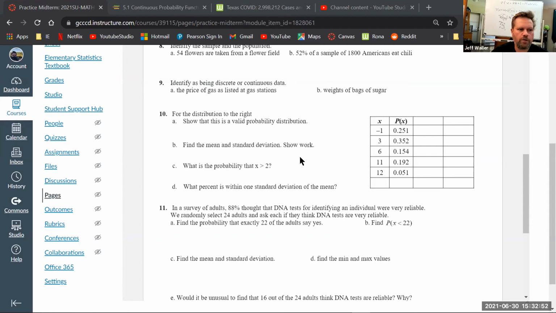No. Give me a data point that's more than 2. 3. Good. What percentage of the data is 3? So you have to add them all up, like the cumulative frequency type. Or you could just do 1 minus this. Yeah. Okay.